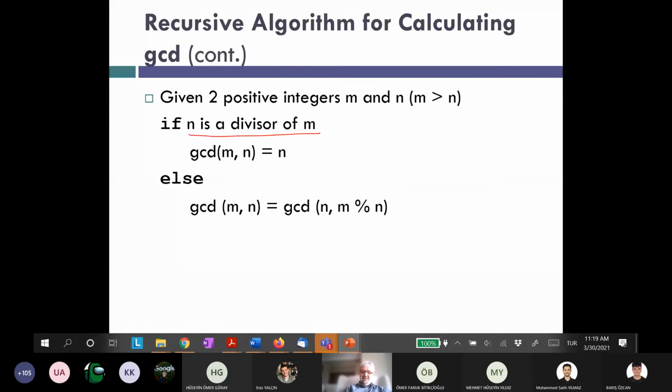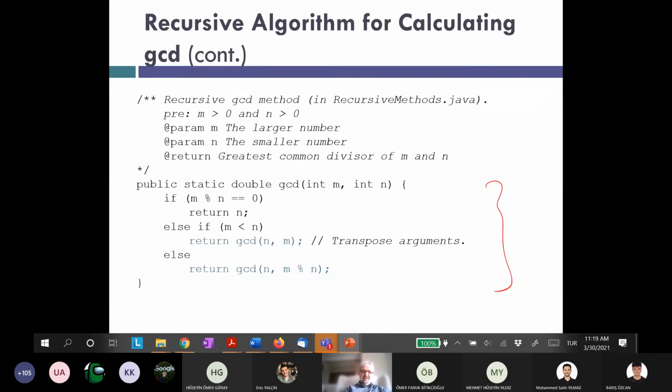N is divisible. Divisor of m means m mod n is 0. If that is the case, we know that we can return n. Actually, we do not need this part, since this performs that operation as well.